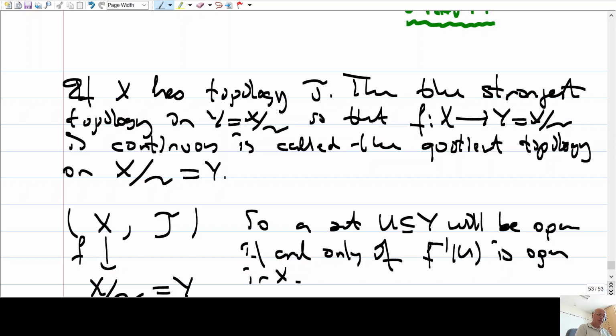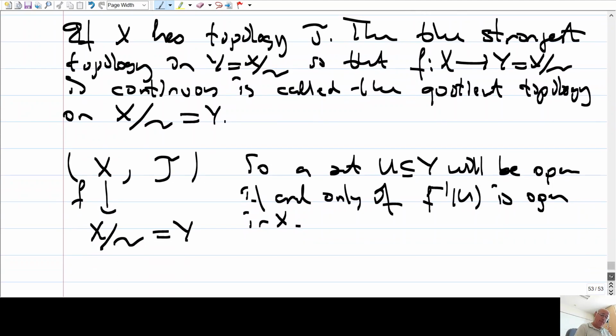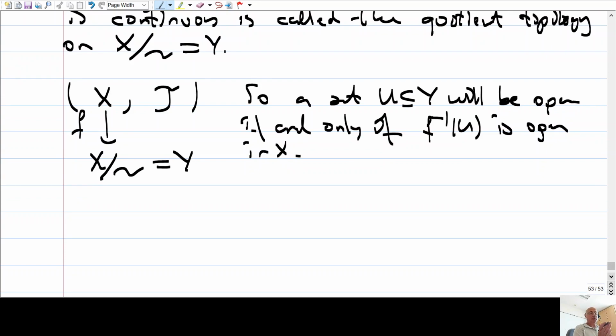If X has a topology, say tau, then the strongest topology on Y, the set of equivalence classes, so that this map, which sends every element of X to its equivalence class, is continuous, is called the quotient topology on Y. So if you have a surjective map, then you can put a topology on the image set Y using the topology on X, where you declare a subset U of Y open if and only if its inverse image is open. So that's called the quotient topology.